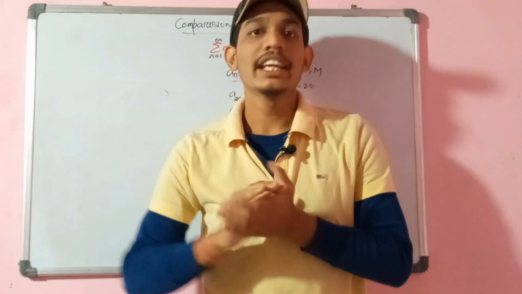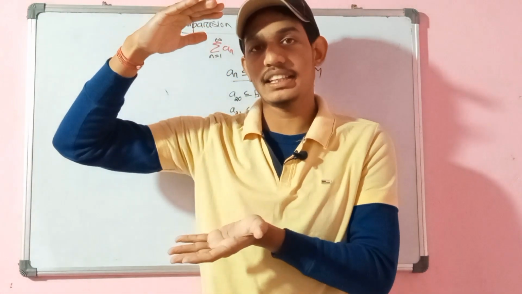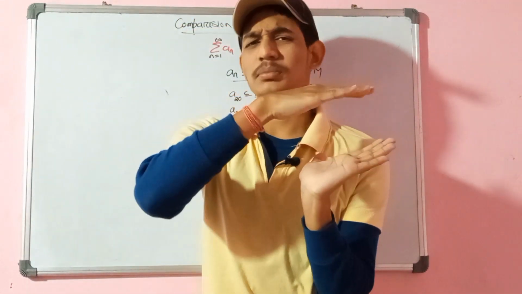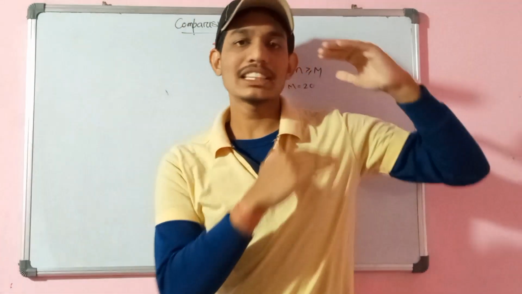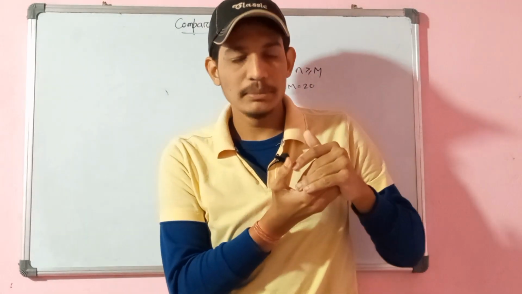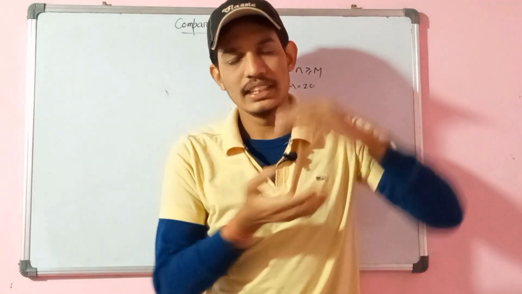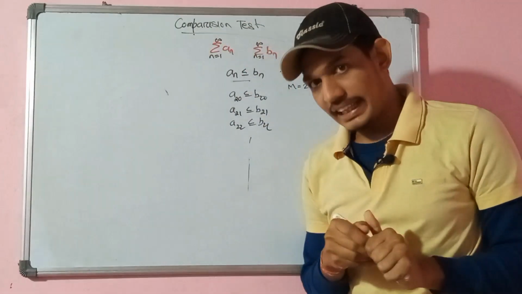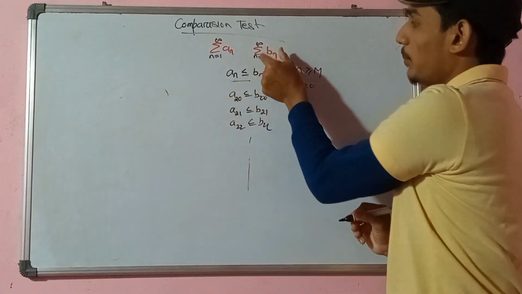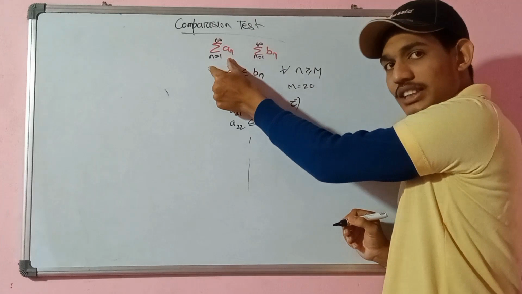My first point: if the big thing's length is finite, or my big series is convergent, then my small series will be convergent. And if my small thing's length is not finite, meaning not convergent or divergent, then my big series will diverge. Hopefully it is clear. So let me write here. If my big will converge, then my small will also converge.